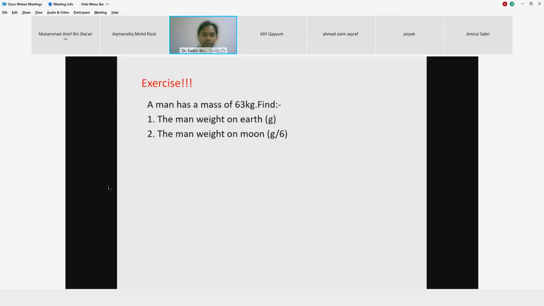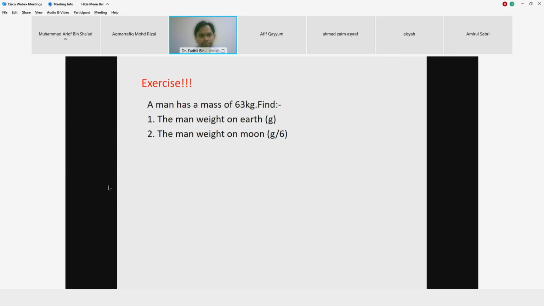Okay, here we have a short, simple exercise. A man has a mass of 63 kilograms. First, find the weight of this guy on Earth and on Moon. On the Earth, the gravitational acceleration is g, and the gravitational acceleration on Moon is g over 6.